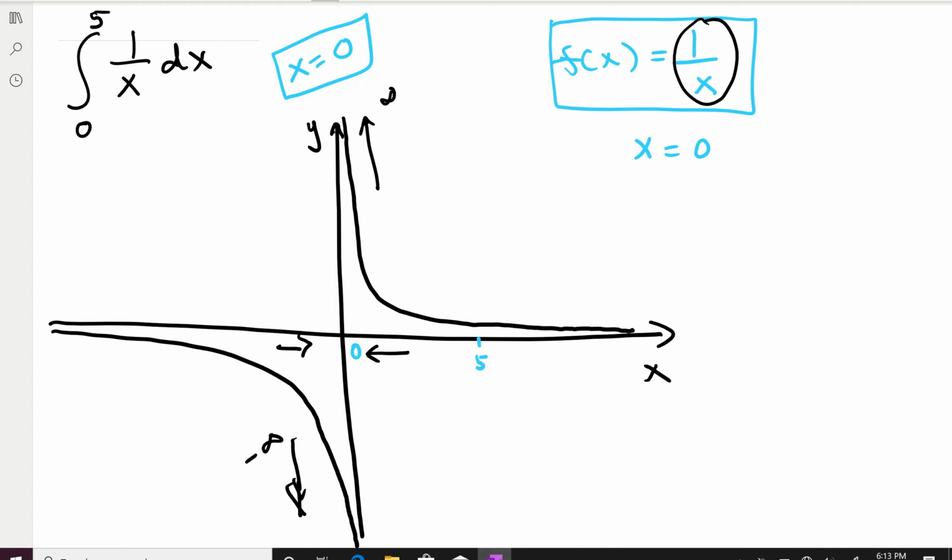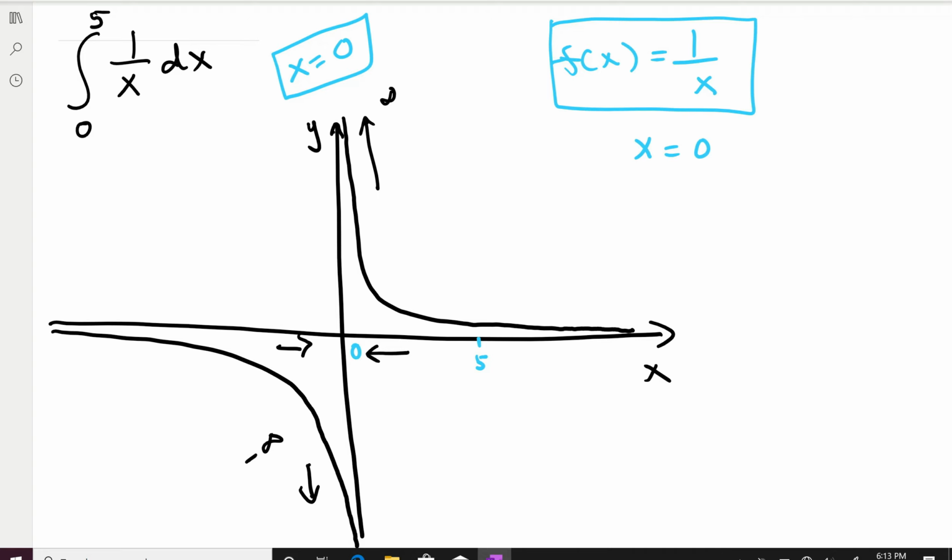So for this function we say there is an infinite discontinuity at x is equal to 0. If it is too much for you, just see that this function 1 over x behaves very badly when x is equal to 0. Okay, all right, so that's the problem with this function.